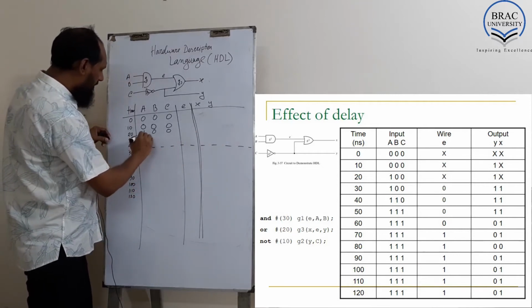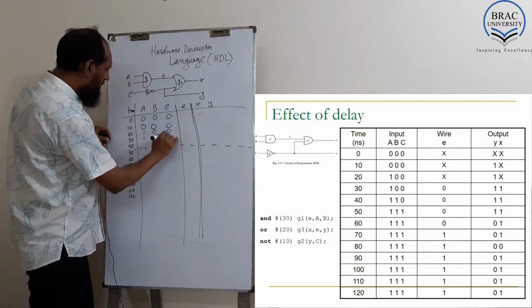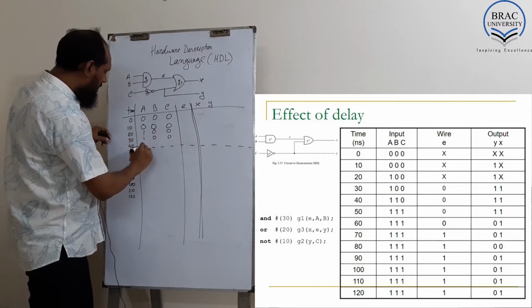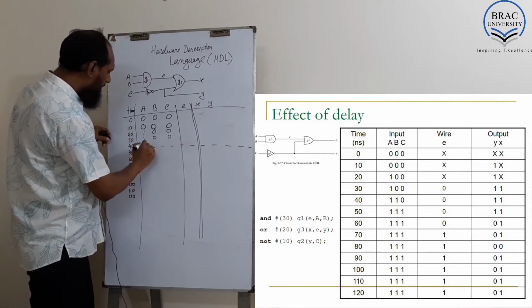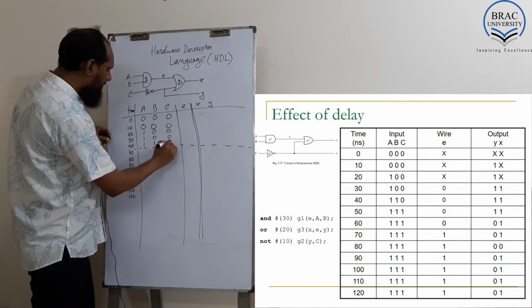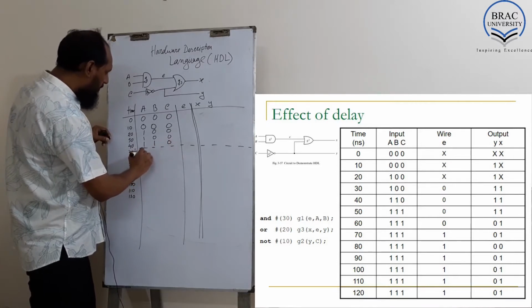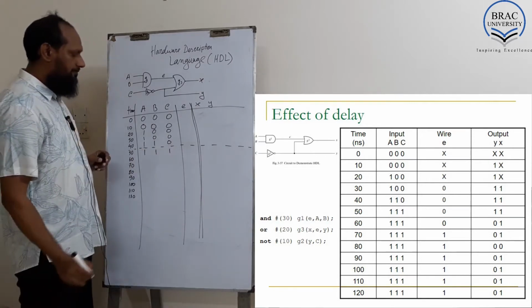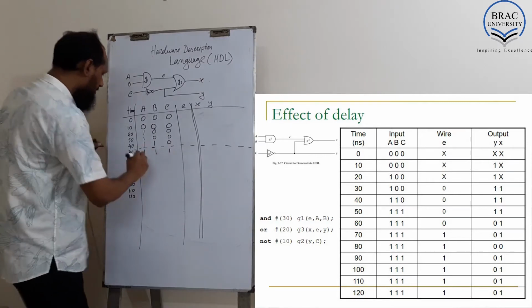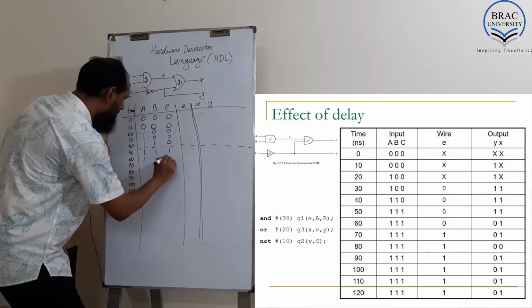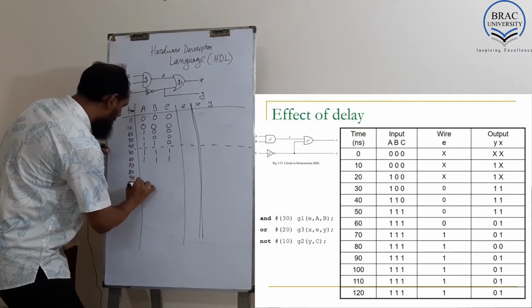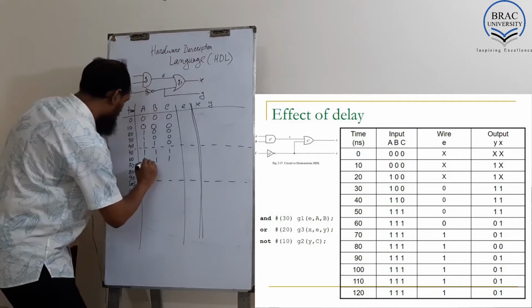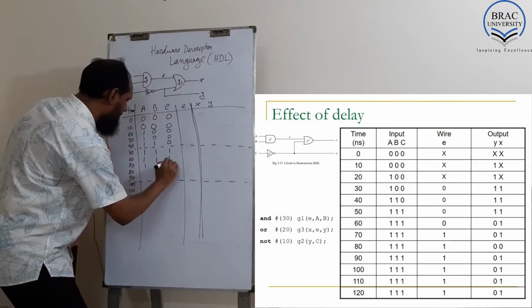On 30 nanosecond, let us consider that the input was the same. But on 40 nanosecond, let us consider B also becomes 1 and C becomes 0. Let us consider that on 50 nanosecond, all of the inputs become 1. Now we will see, so it will be continued until the end. So we will make another subsection so that I don't make a mistake.